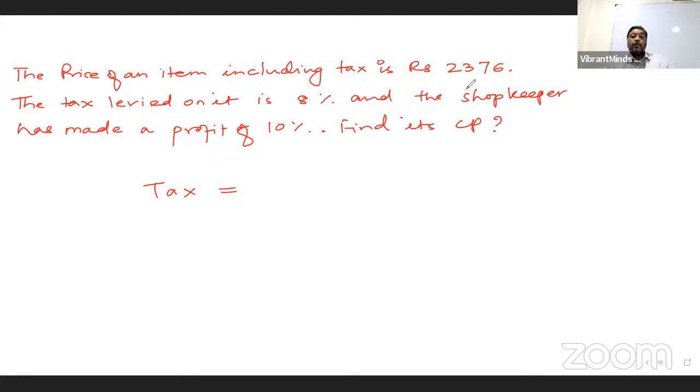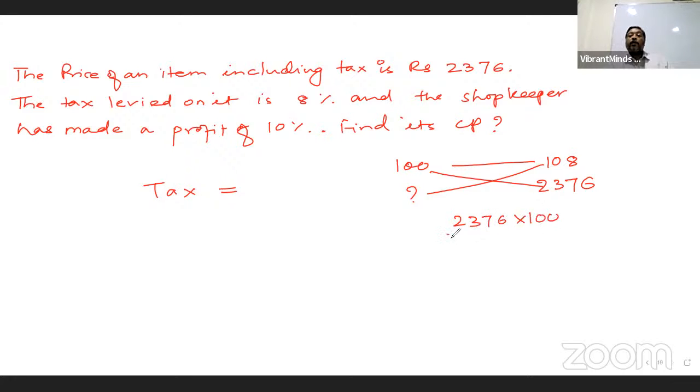So tax is what? Suppose there is a 100 rupee product and the tax is 8%. So the tax will be 8. After the tax, the price will be 108. So after the tax, the price is 2376. So what is the price before tax? I don't know. Let's find out.